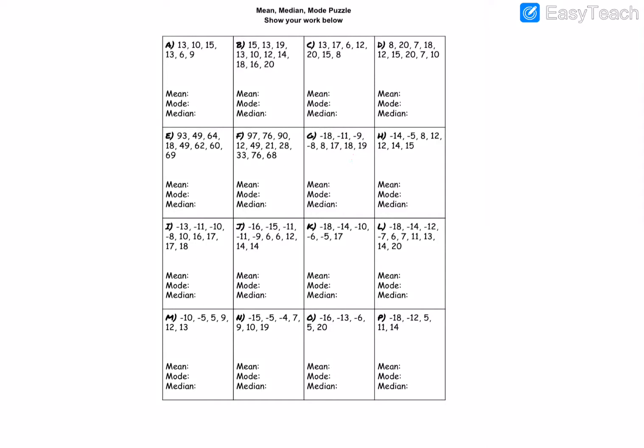It is very important that you put the negative numbers in there or you're not going to get the correct mean. So I have -18 plus -11 plus -9 plus -8 plus 8 plus 17 plus 18 plus 19, and then I'm going to divide that number by 8.